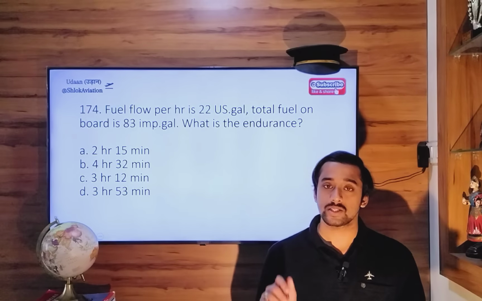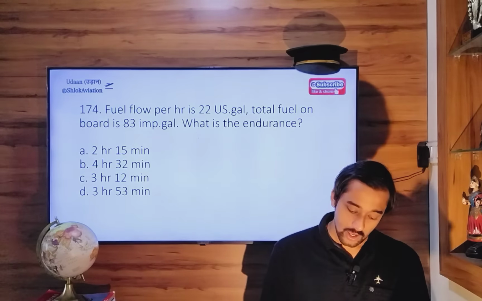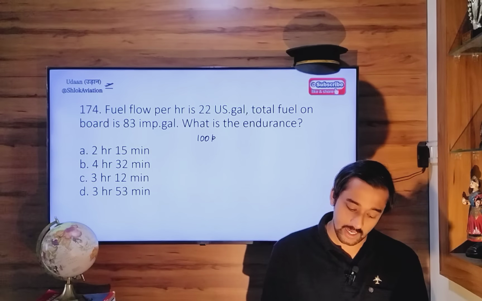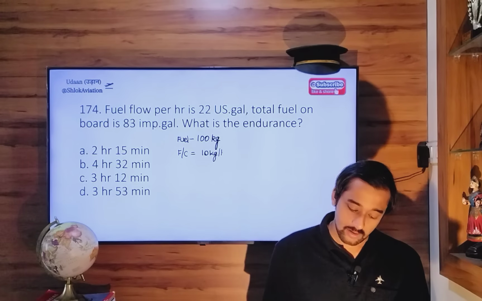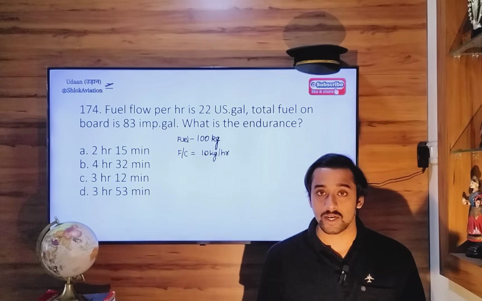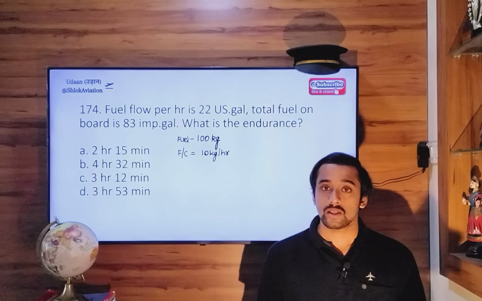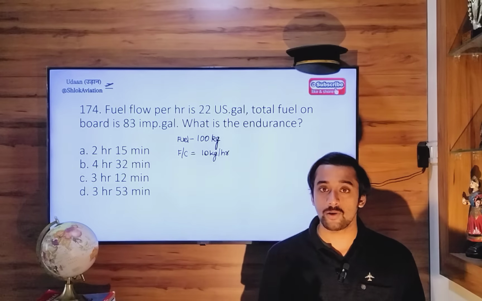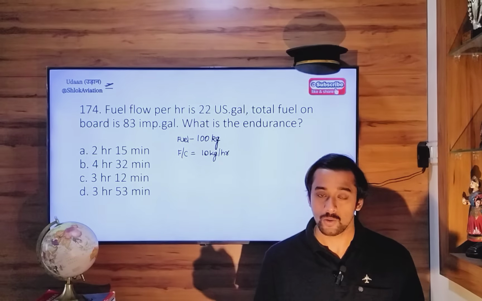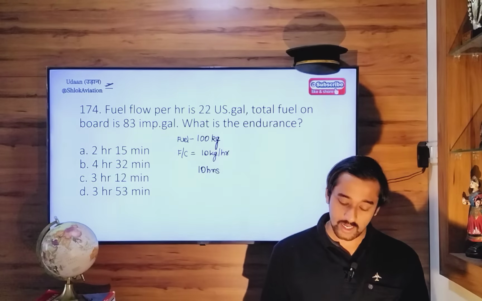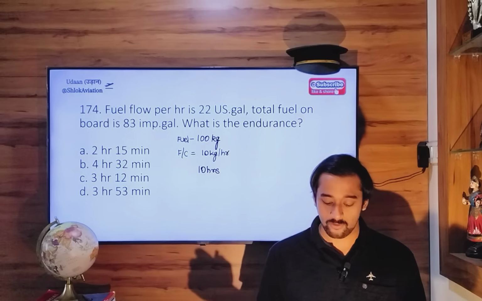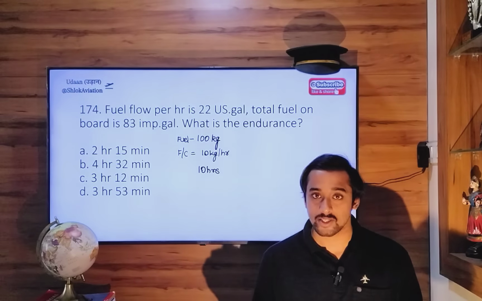For example, a fuel tank has 100 kilogram fuel, and fuel consumption rate is 10 kg per hour. That means endurance, the total time this fuel is going to be available to you, is going to be 10 hours.